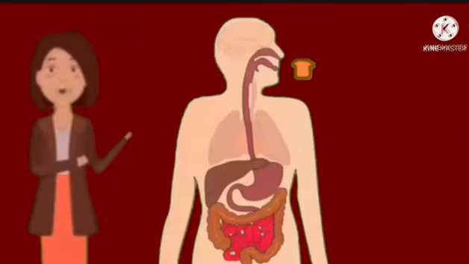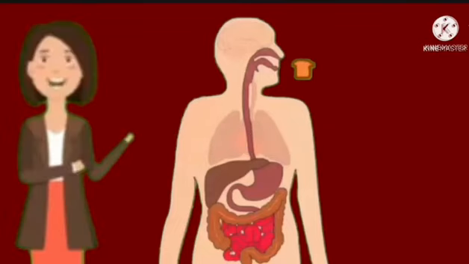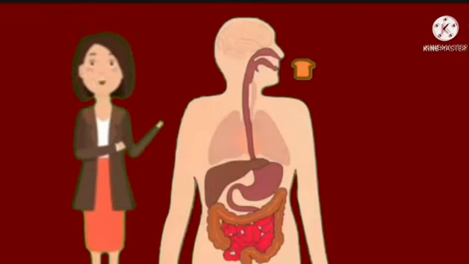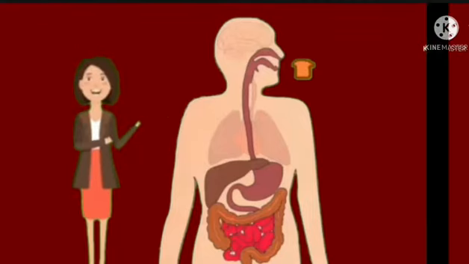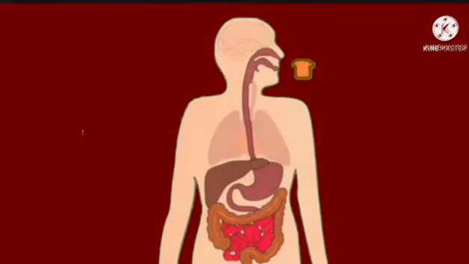The mucus along with the bicarbonate ions from the pancreas provides an alkaline medium for the enzymatic action. As the result of digestion, all macromolecules of food are converted into their corresponding monomeric units. Carbohydrates are converted into monosaccharides, which are nothing but glucose, fructose and galactose, and proteins are converted into amino acids.